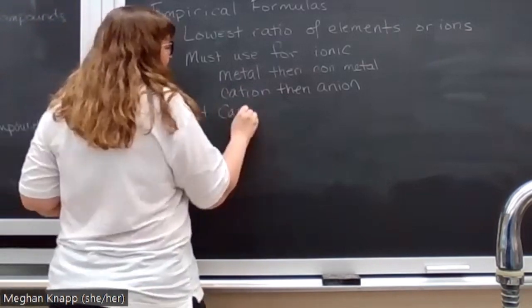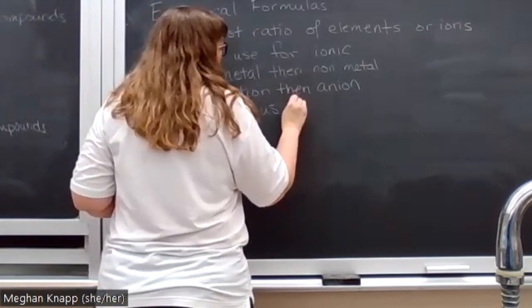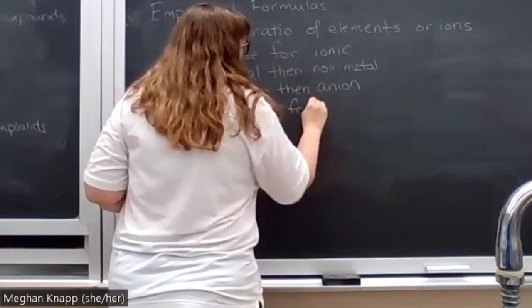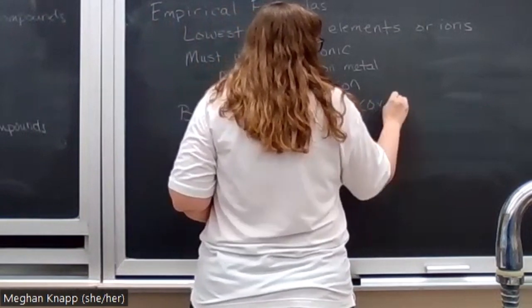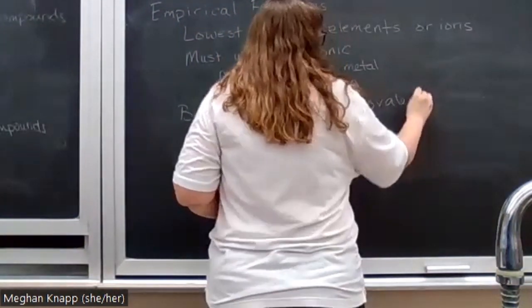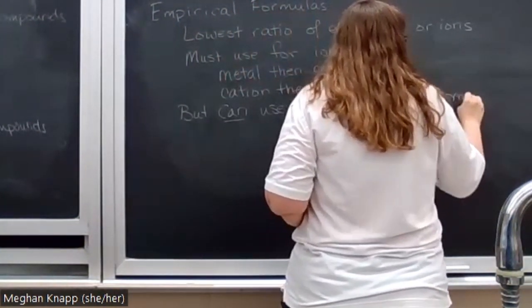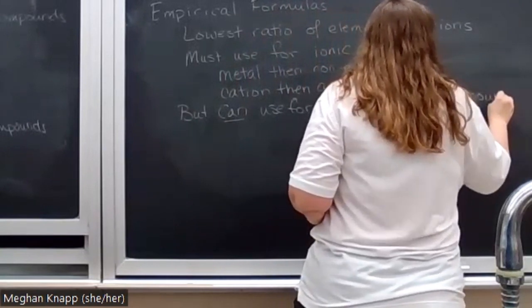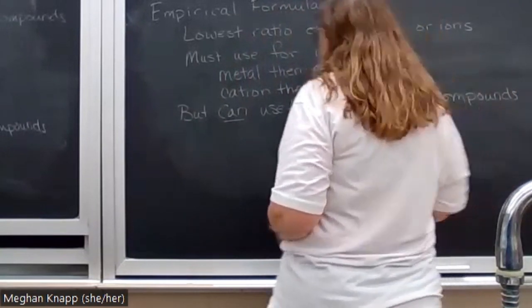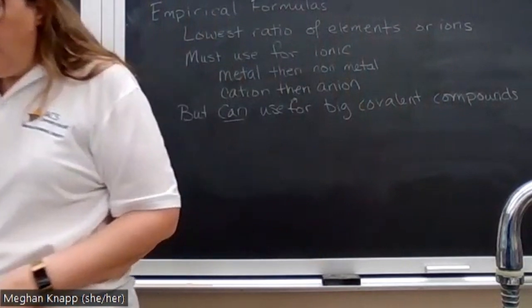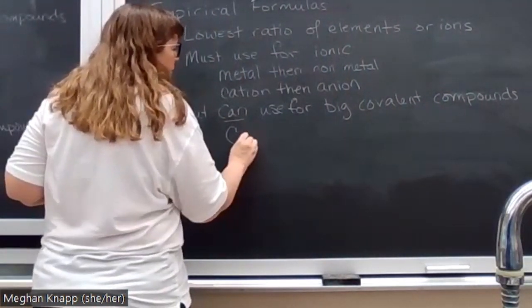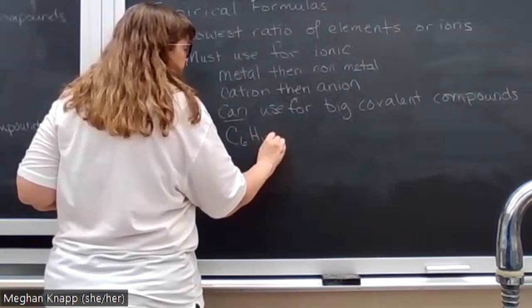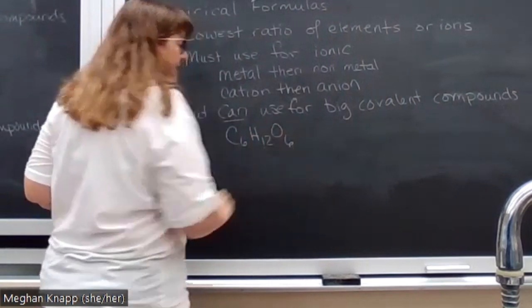we can use it for big covalent compounds. So if I had the molecule for glucose, many of you know glucose is C6H12O6.